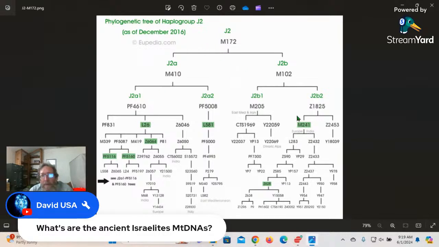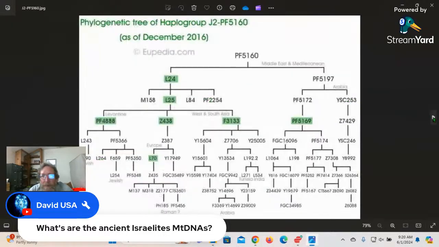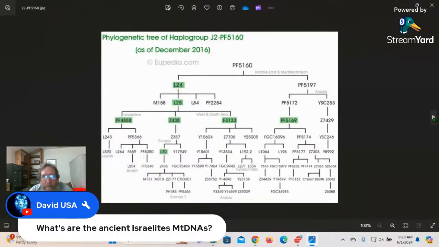So right here, these two lineages could be the difference between descendants of David and Solomon. There's J2a, J2b. There's two separate lineages from there, possibly separating David and Solomon. Who knows? But I'd have to do some more investigation, probably.